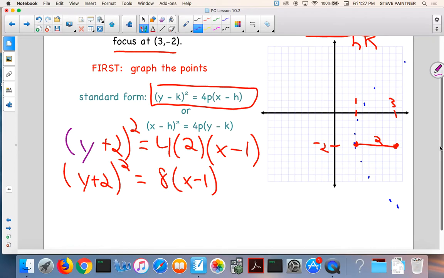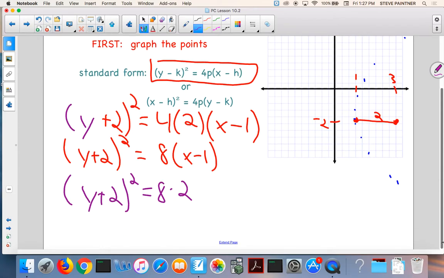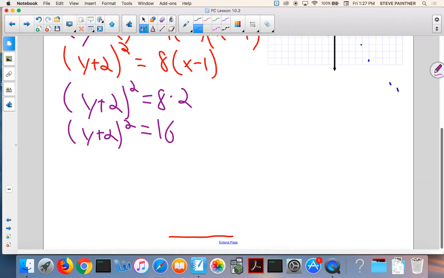Okay, so x is equal to 3, we're plugging into our equation. Y plus 2 squared is equal to 8 times (3 minus 1), which is 2. Y plus 2 squared is 16. Y plus 2 is equal to what? Square root of 16.